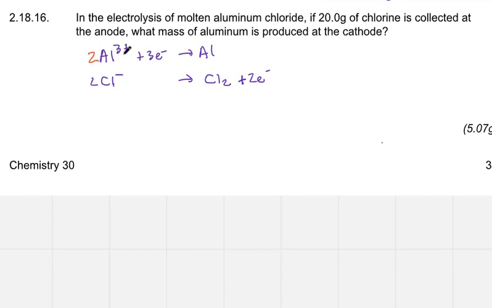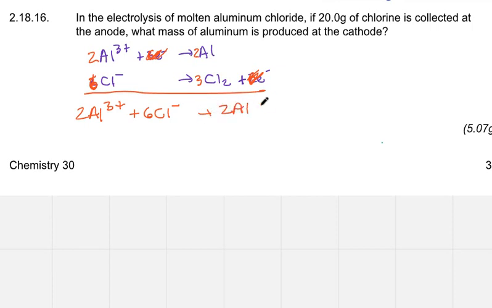We put a 2 times that, 2 times that, 2 times that, 3 times the chlorine, 3 times the chlorine, and 3 times that. Cancel electrons. Here's our overall reaction. 2 aluminum ions and 6 chloride ions convert to 2 aluminum metal and 3 chlorines.